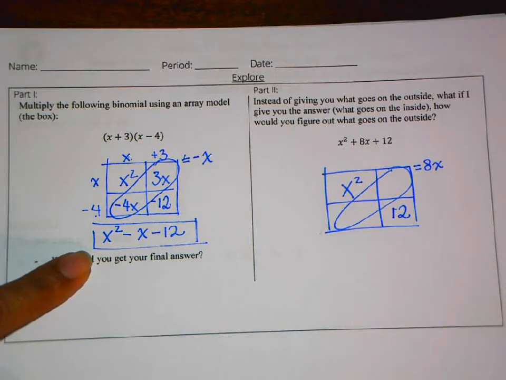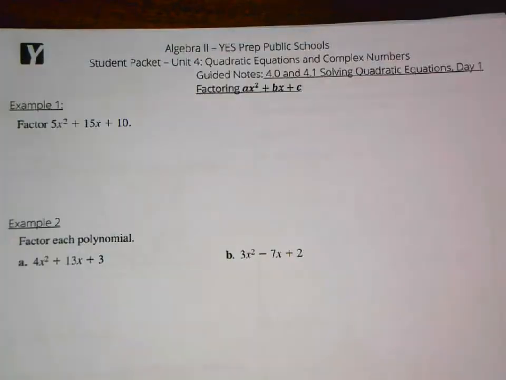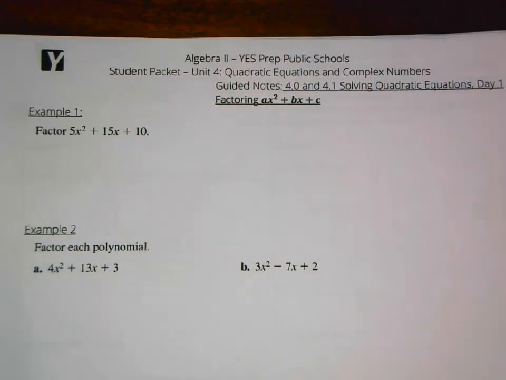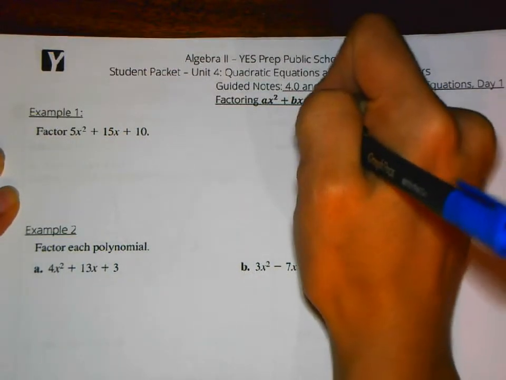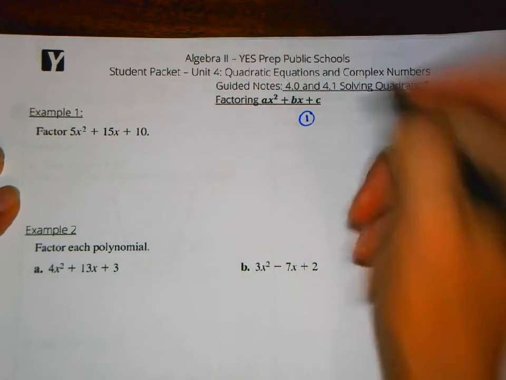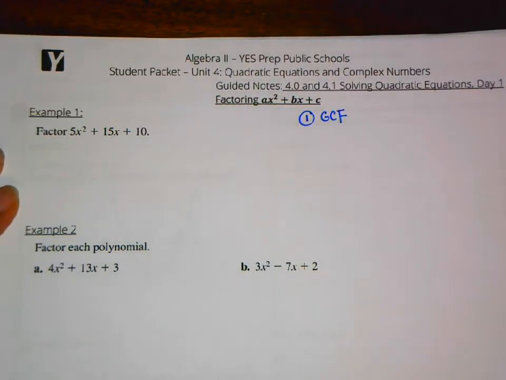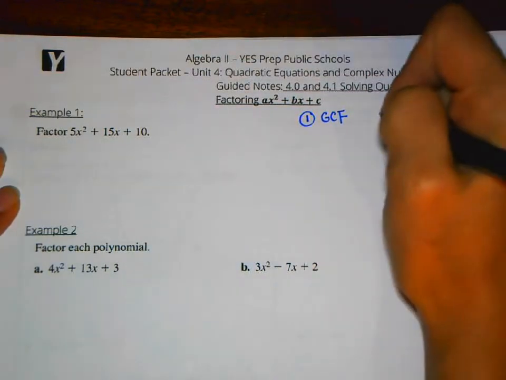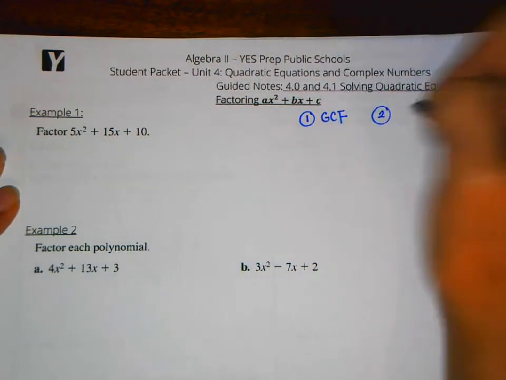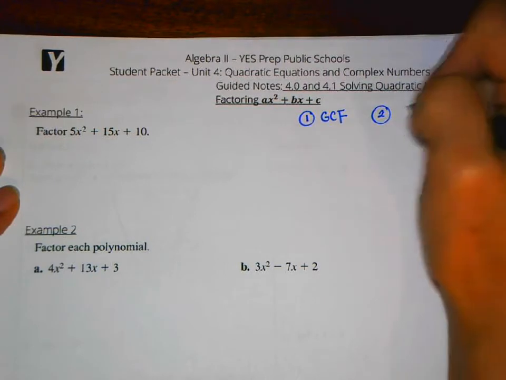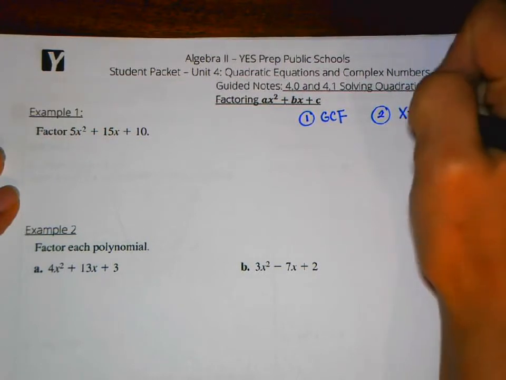All right, so let's go right to our notes and actually take a look at examples. There's going to be 3 steps. Let's write this down. The first step, we want to make sure we factor out any greatest common factor to make the numbers smaller. Second step, we're going to do the x box to try to factor it out.